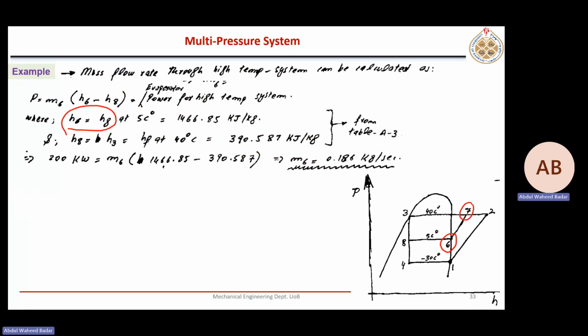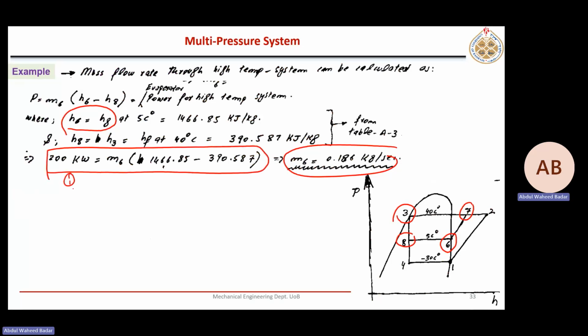H7 again is the same as the previous one. H8 will be equal to H3. It is using different numbering from what I did before. So here is m dot 6 from Q E, this one: 200 kilowatts is equal to m dot 6 into H6 minus H8.